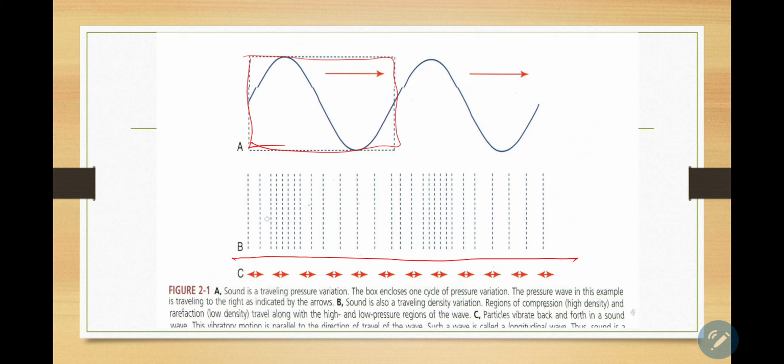As you can see, in this particular region the molecules are farther away from each other. In this one they are closer, then the next is farther, then closer, and then farther. The position of the molecules directly affects the travel and velocity of the sound waves.